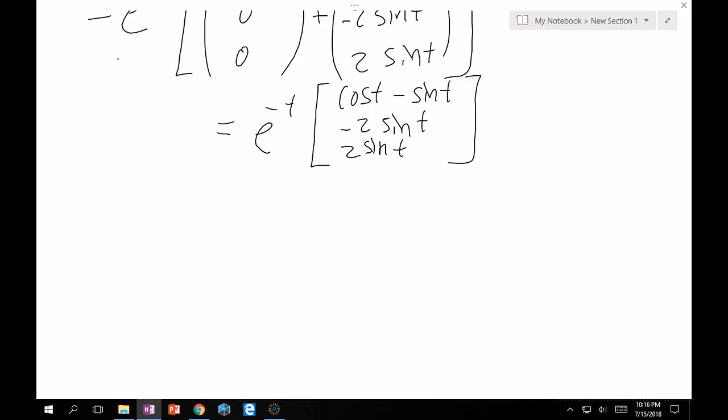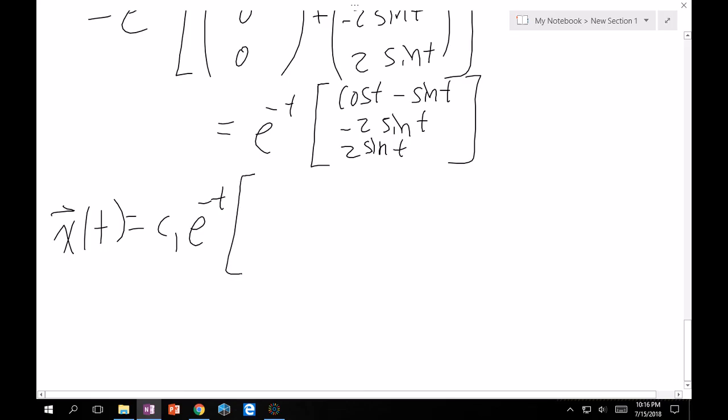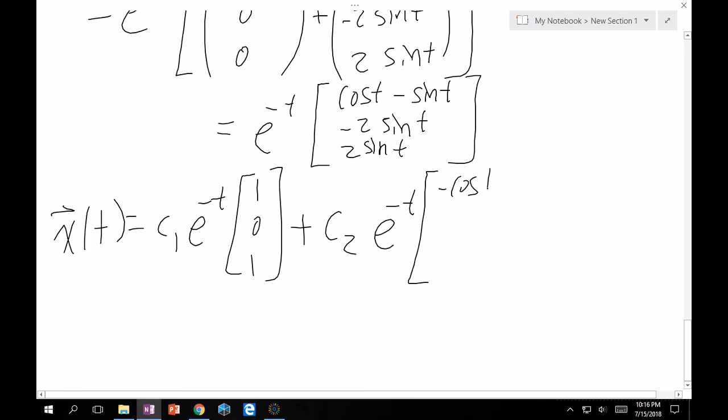So the general solution for that matrix is x of t. Don't forget your first eigenvector, that was attached to the real one. So that was c1 e to the minus t times our first eigenvector, (1, 0, 1). And then plus c2, then we have e to the minus t as well. This was the real one, so this is (minus cosine t minus sine t, minus 2 cosine t, 2 cosine t).